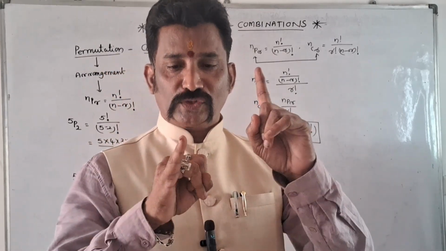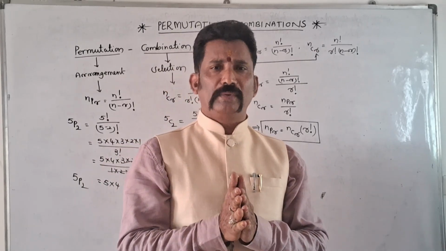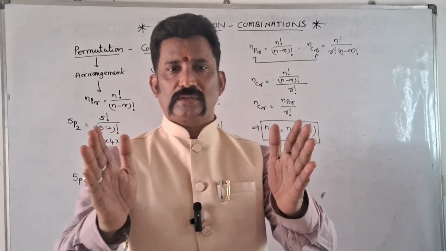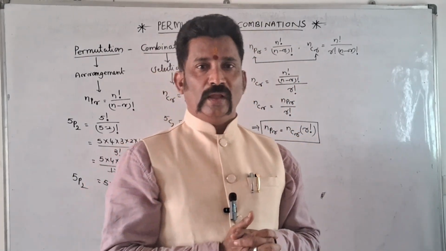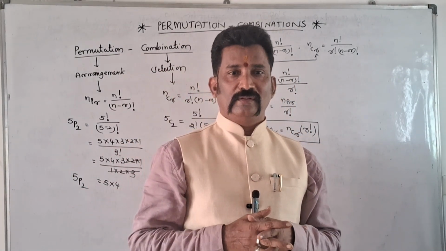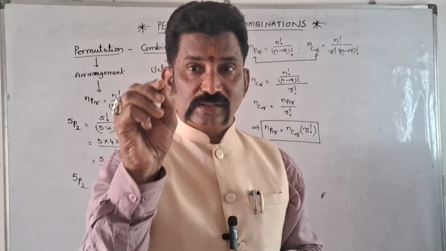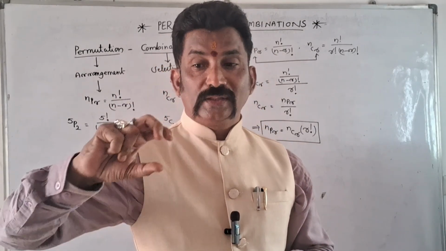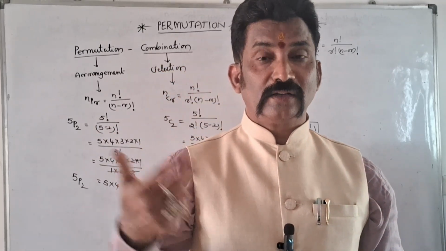For example, suppose one class contains 20 members. Now we have to select 3 members. That means we have to select 20C3, and the 3 members can be arranged among themselves in 3 factorial ways.